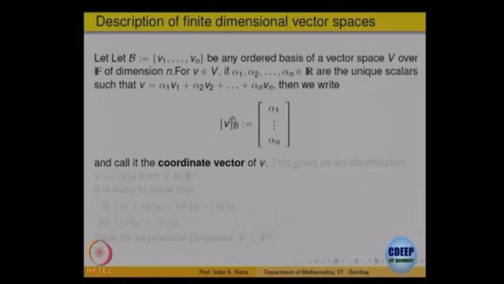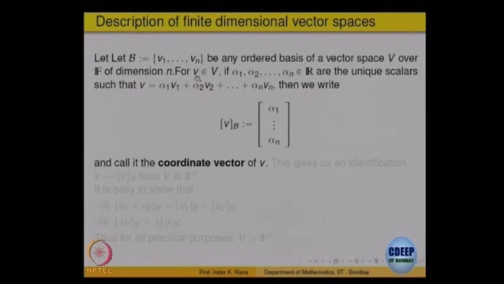That means, this vector which is in V, which is the abstract vector space, I do not know what that is, it could be polynomials, functions or anything, but if it is finite dimensional, I can associate with that vector a vector in R n, if there is an ordered basis of n vectors in that, right. Is it clear?